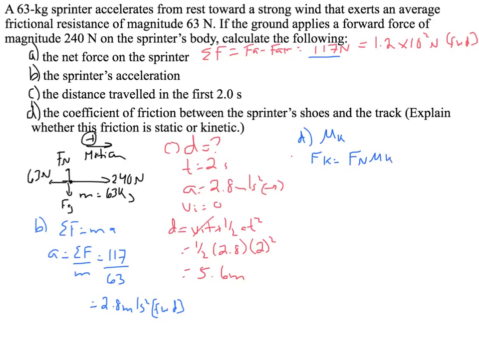Now the force applied by the ground is the frictional force, and that's something very important to keep in mind. So you say force of the ground is equal to the kinetic frictional force. The reason is that he pushes on the ground, and the ground then pushes on him with equal magnitude.